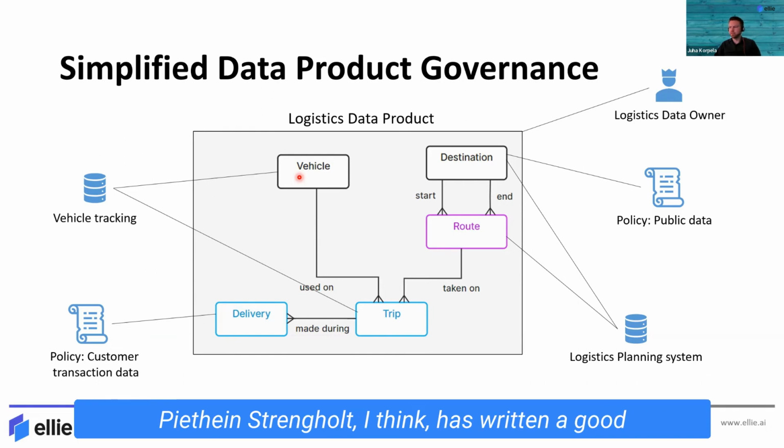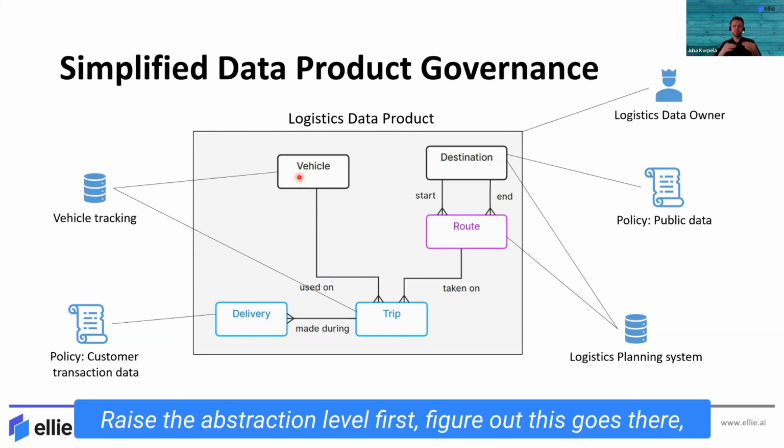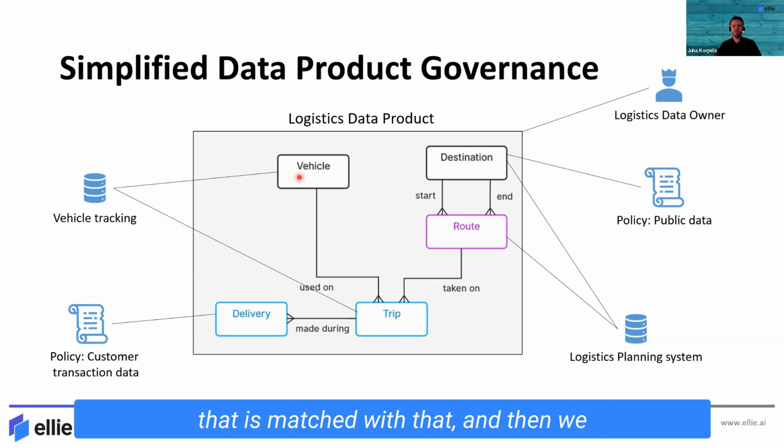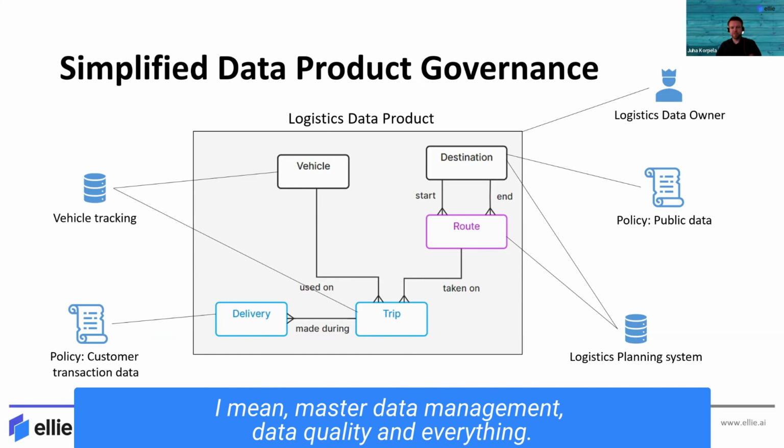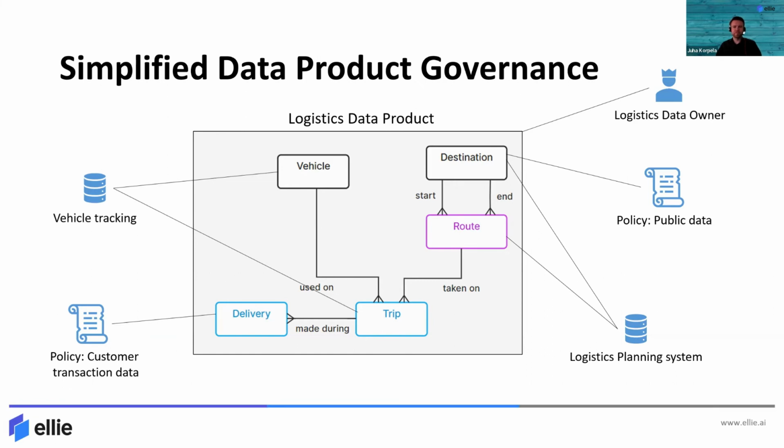Peter Stranghold, I think, has written a good article also on master data management in the mesh context, and data quality and everything. So raise the abstraction level first, figure out this goes there, that is matched with that, and then we can go on building the APIs. Also, the same thing with master data management, data quality and everything.